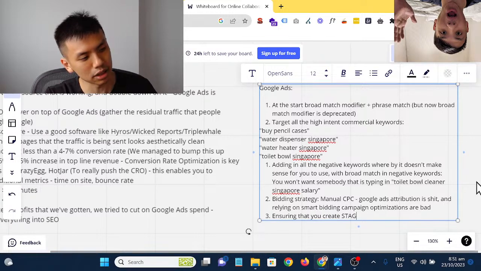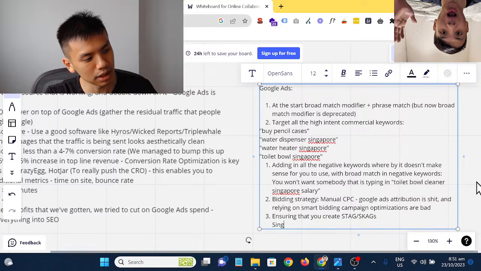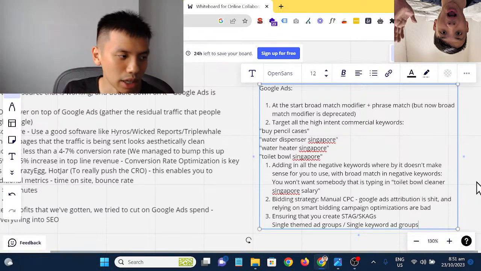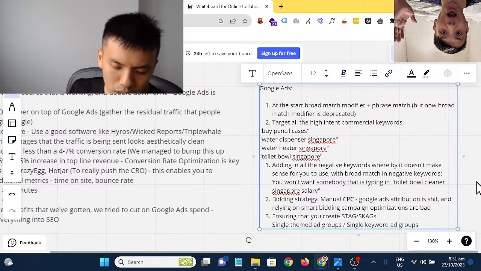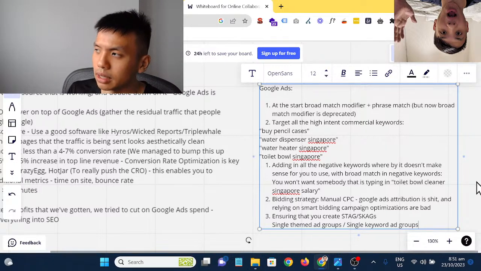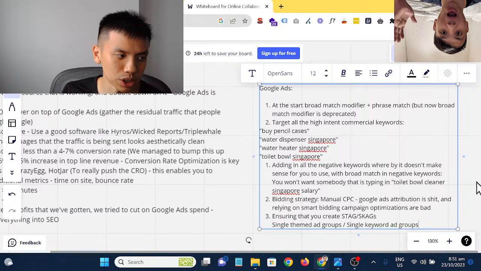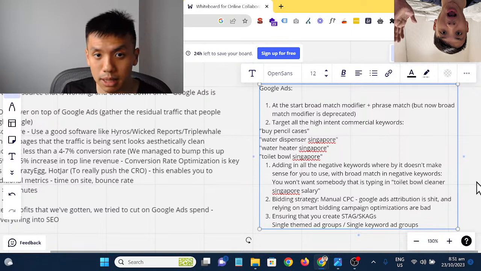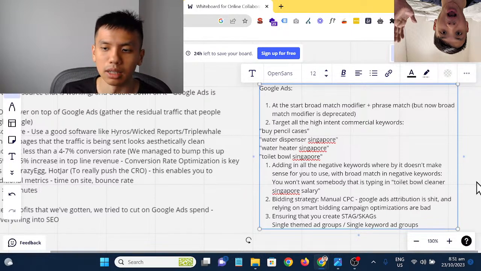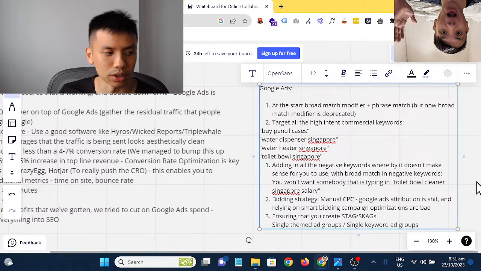And then the next thing is really just ensuring that you create STAGs or SKAGs, which is basically single theme ad groups or single keyword ad groups, right? Because you don't want to keep flooding the same ad group to the same landing page when they are of completely different categories. So the neater you can set up your campaign structure to make sure that in one single ad group there's only a single theme or a single keyword, it makes it hyper focused for that particular ad.